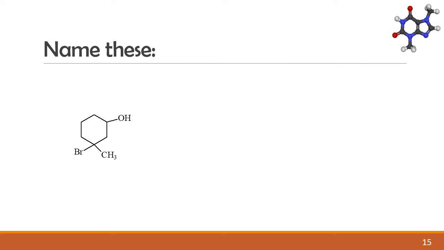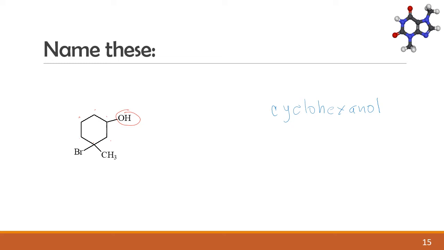Let's try naming one more alcohol. This is a cycloalkane with a hydroxyl group attached. There are 1, 2, 3, 4, 5, 6 carbons in this cycloalkane. A 6-carbon cycloalkane is called cyclohexanol. Now we need to number the carbons accordingly.